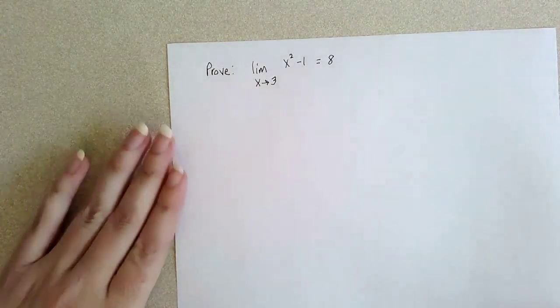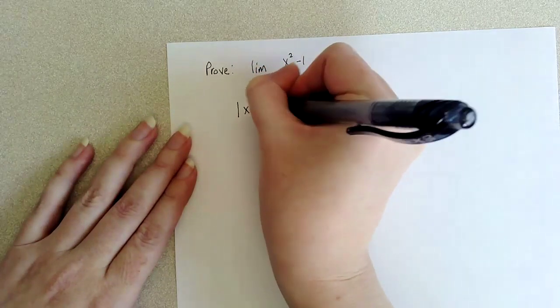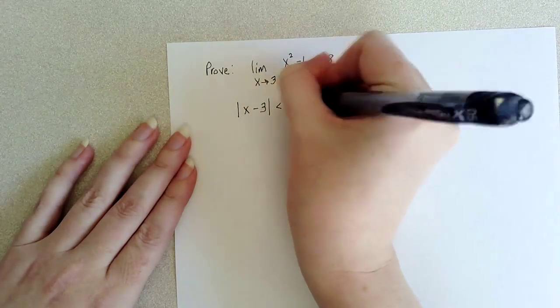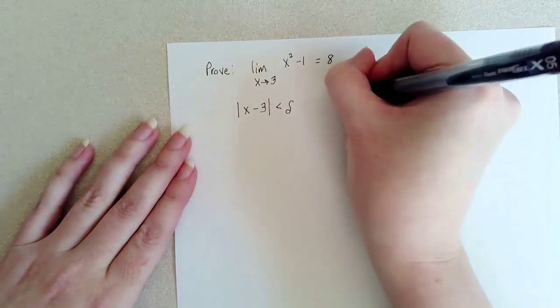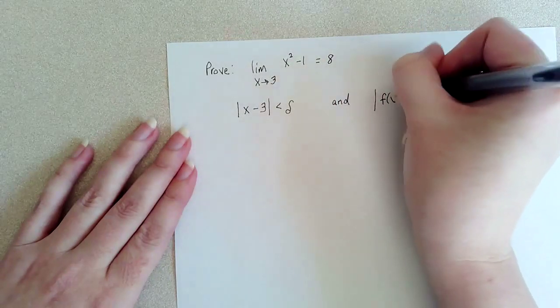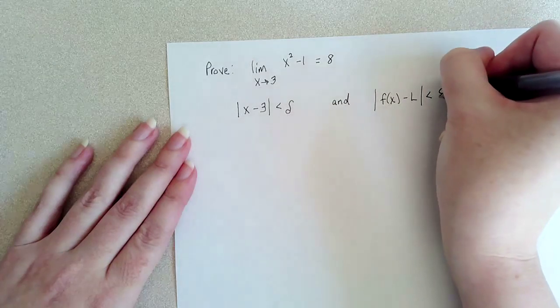And we're going to start with the same setup where I have the absolute value of x minus what we're approaching, the 3. And I want that to be less than delta. And the other thing that I want is our absolute value of the f of x minus L to be less than epsilon.